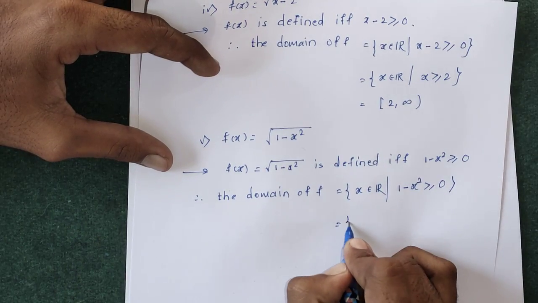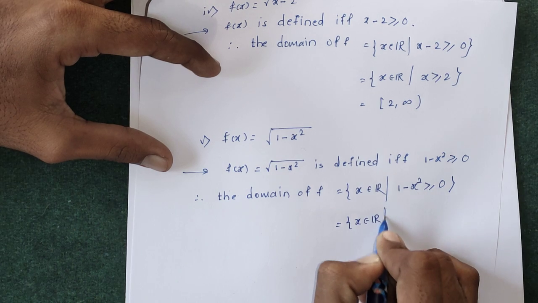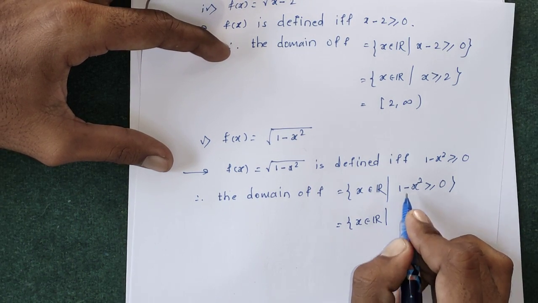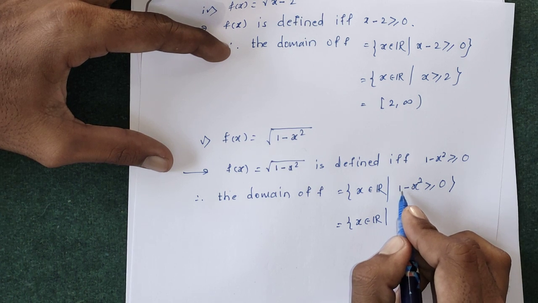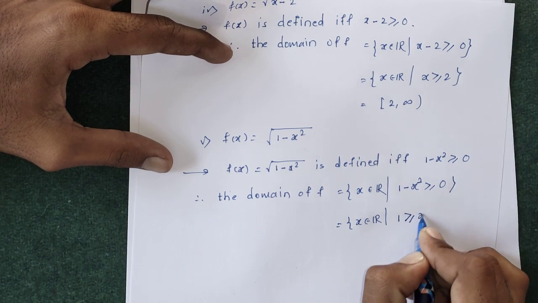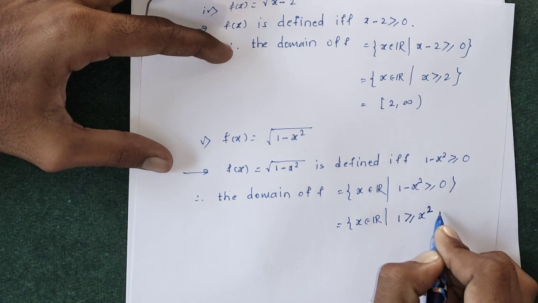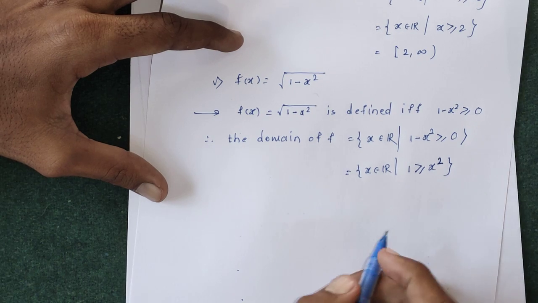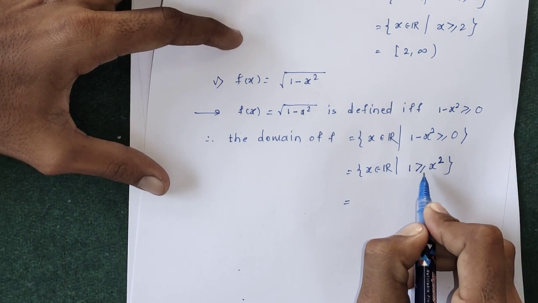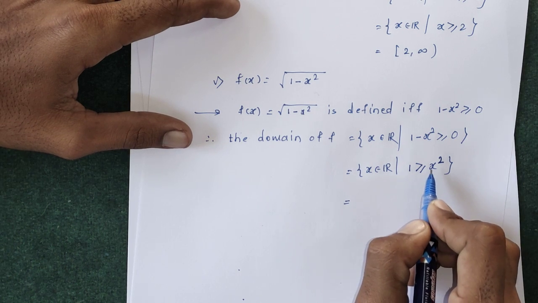1 minus x square greater than or equal to 0 means x belongs to R such that minus x square is greater than or equal to minus 1, that is 1 is greater than or equal to x square. So this implies x square is equal to either minus 1 or plus 1.